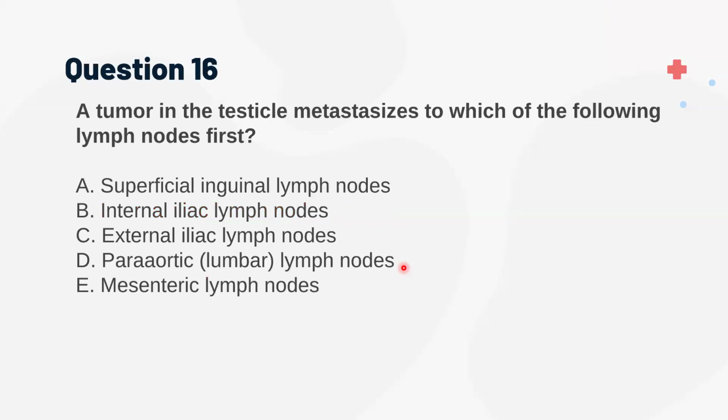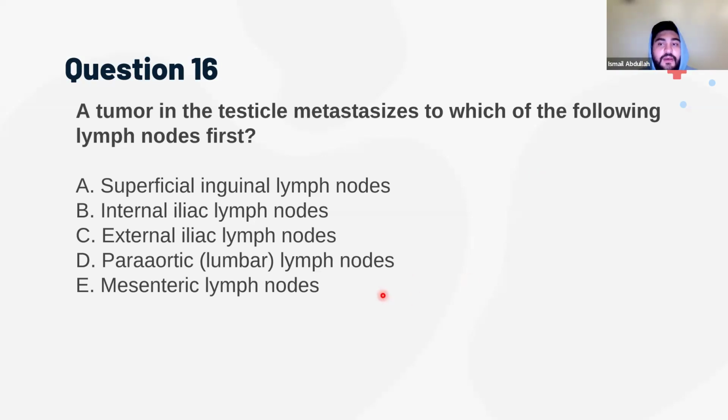This is a tumor in the testicle, metastasized to which of the following lymph nodes first? What do you think the answer would be? Yep, it's going to be D. That's correct.